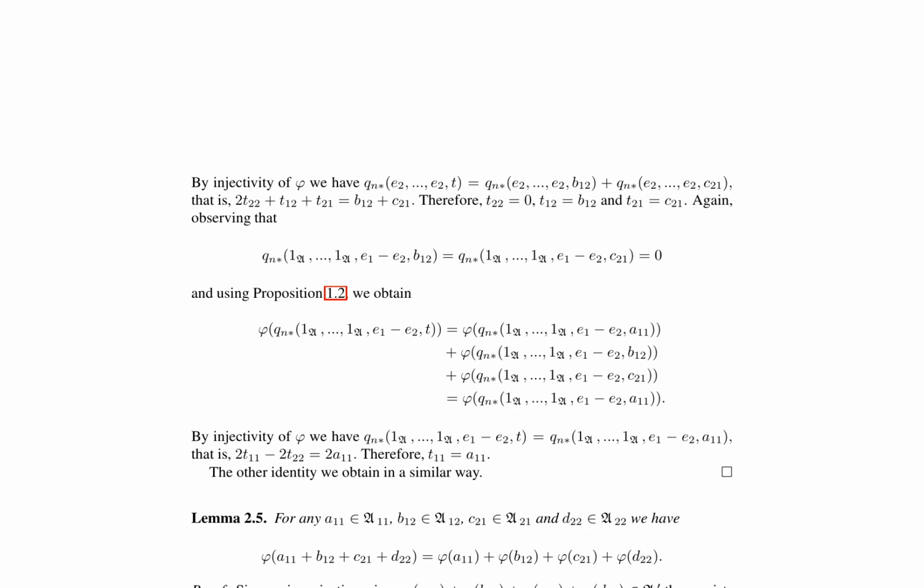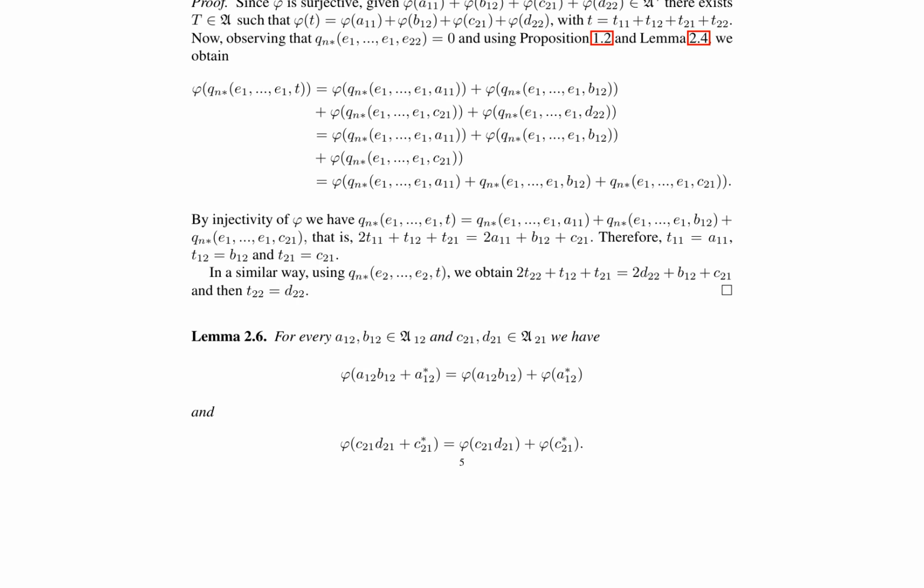By injectivity of phi, we have the identity Qn-*(E2, T) equals Qn-*(E2, B12) plus Qn-*(E2, C21), which implies T22 equals 0, T12 equals B12, and T21 equals C21.